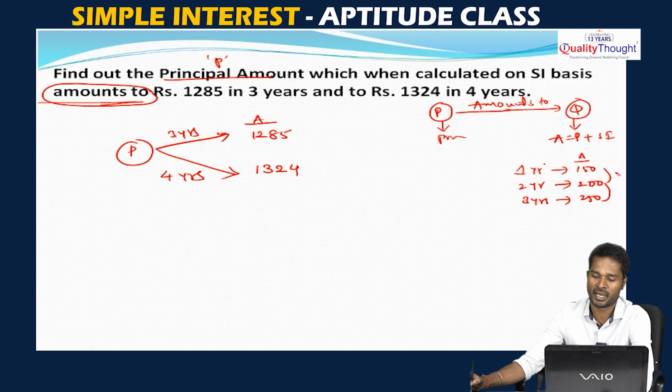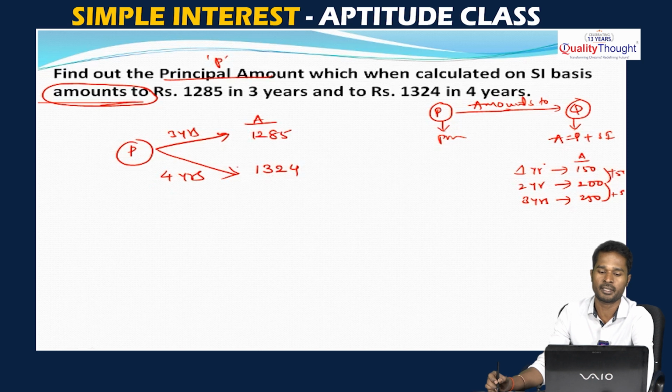That increased money is nothing but the interest we are calculating for the year. That increased amount for each time period is nothing but the interest. So, here the total amount for 3 years is 1285 and the total amount for 4 years is 1324.